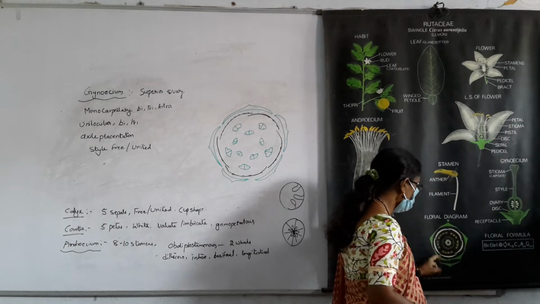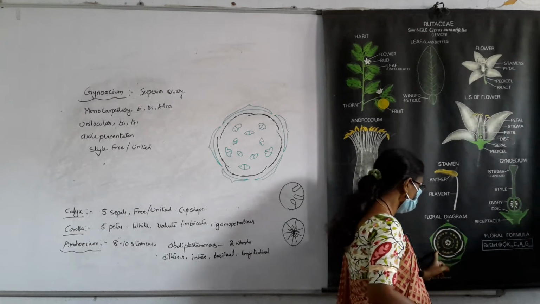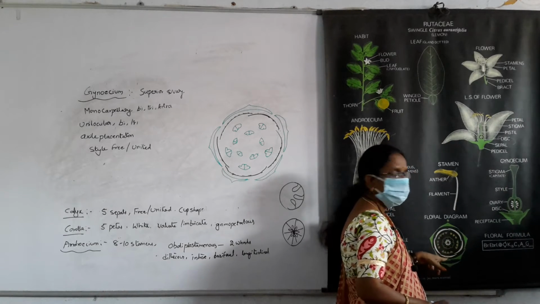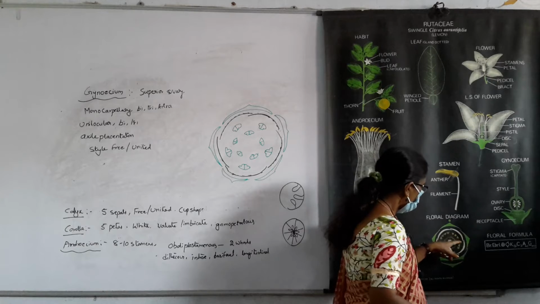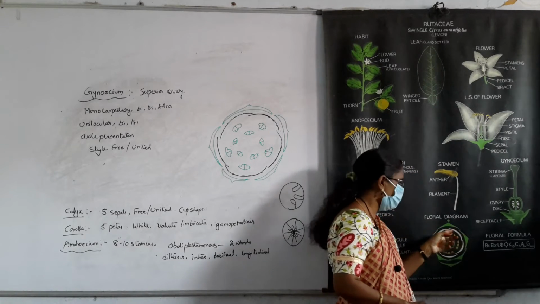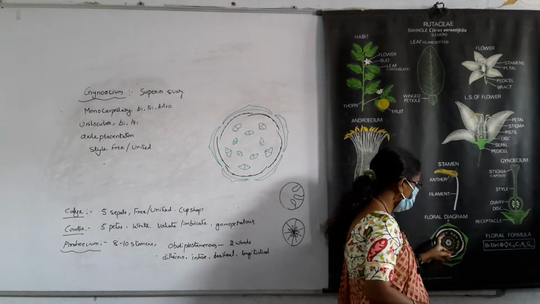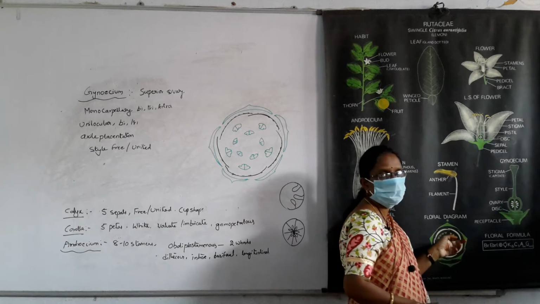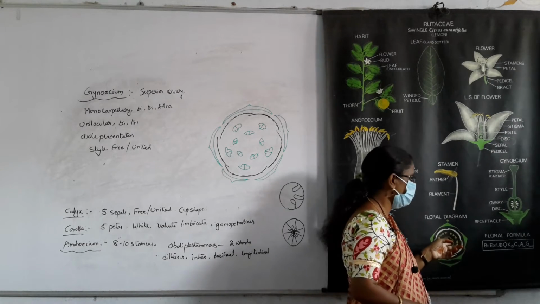This is the floral diagram of Citrus aurantifolia. 5 sepals and 5 petals are present, the 5 sepals valvate and the 5 petals imbricate. These are the stamens, with many anthers, and the middle diagram is the ovary, a many-locular ovary with axial placentation.